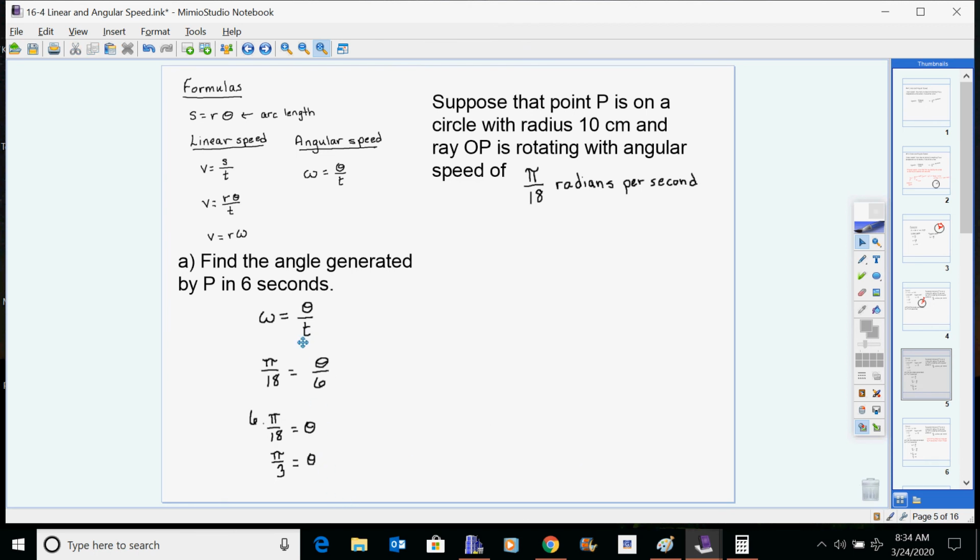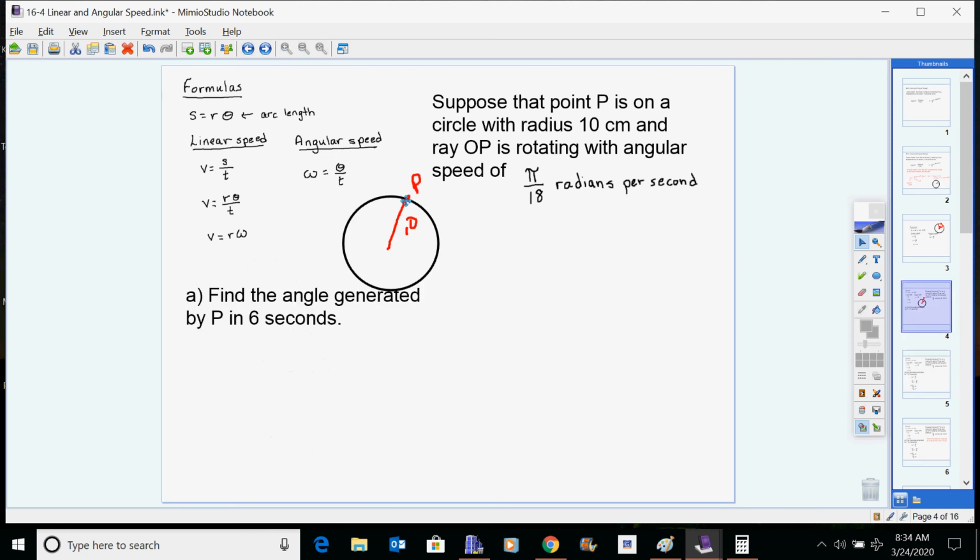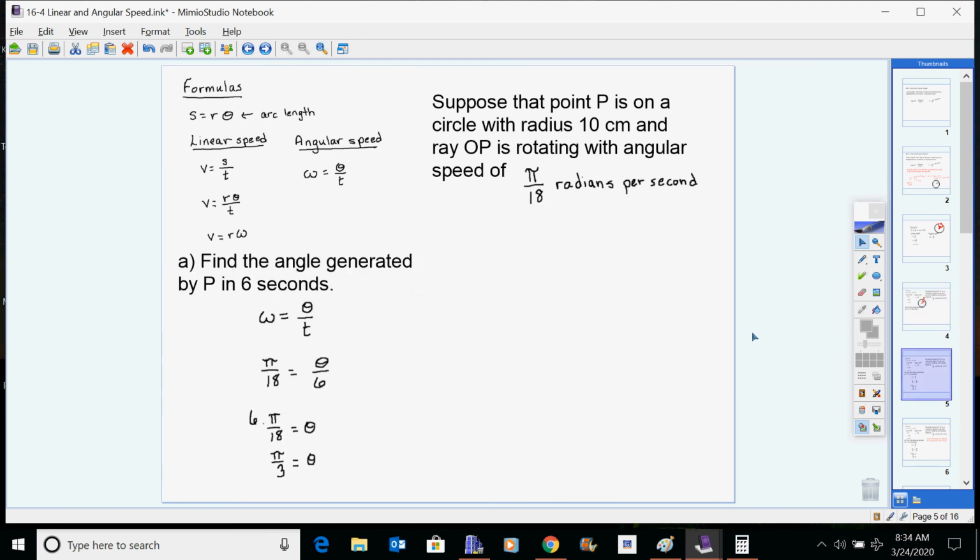Some of you might have thought of it logically: if it's spinning around and every second it goes pi over 18, of course you'd multiply it by 6. But we also have the formula, so you can do it with either. Either way, you end up multiplying by 6, and we end up with pi over 3. Don't forget that you can cancel when you're doing these math problems.